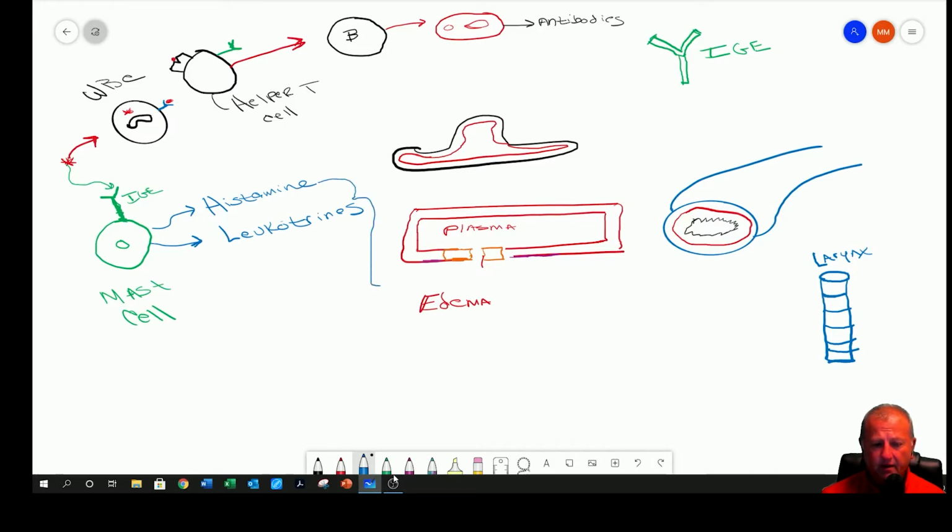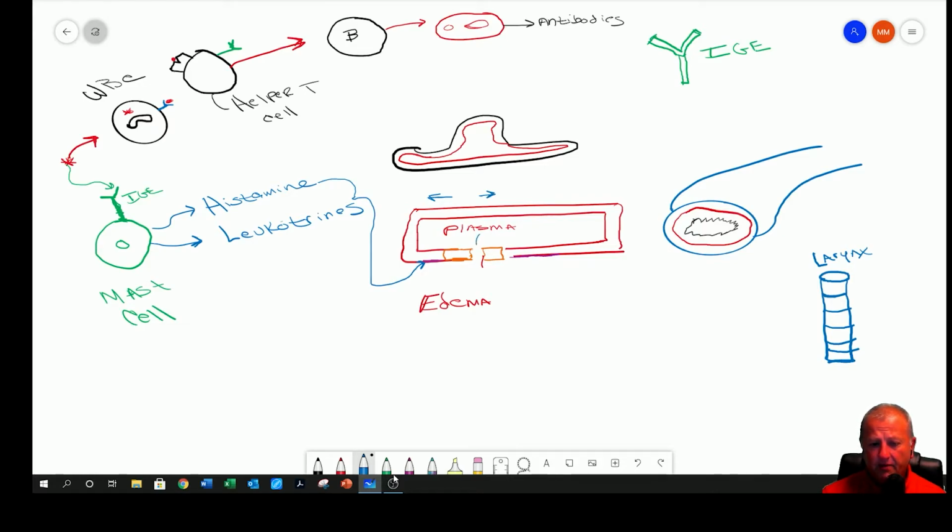So how do these two affect the blood vessels? They're going to attack, and we're going to do just like the inflammatory response. We're going to have gaps here in the plasma membrane, because the histamine and leukotrienes have asked them to contract.